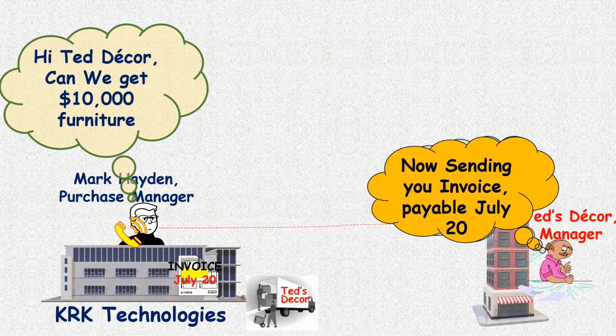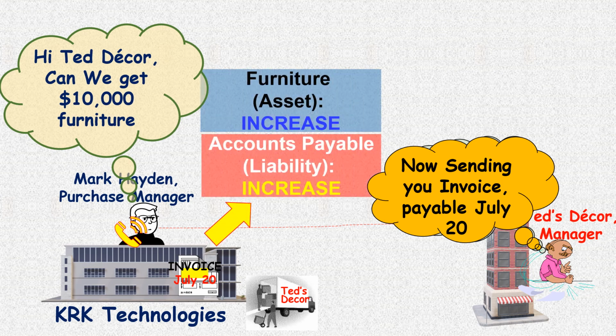So when Mark gets the invoice, someone in his company is going to record a journal entry by debiting furniture because they got the furniture. And since KRK is not paying them on the spot, they have a payable and they will create accounts payable.